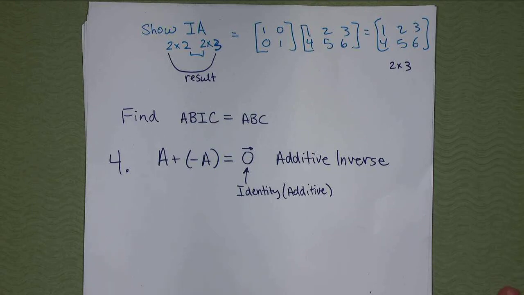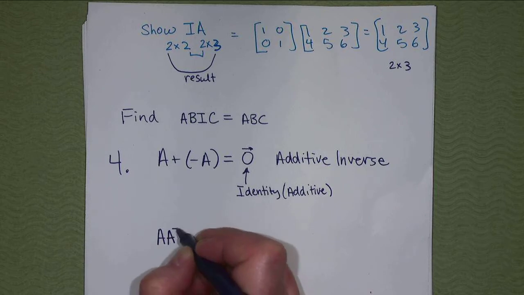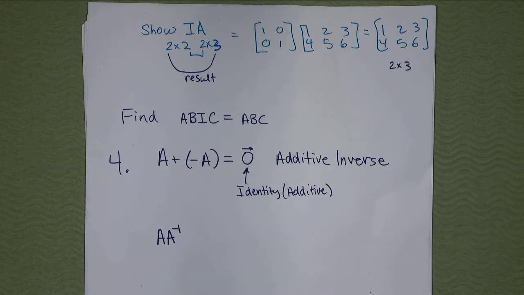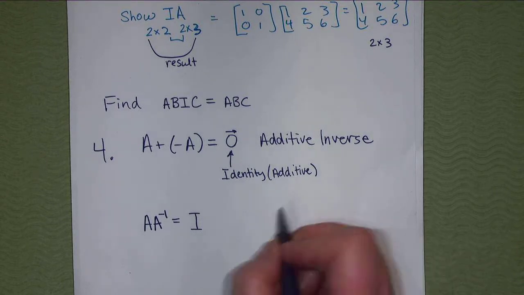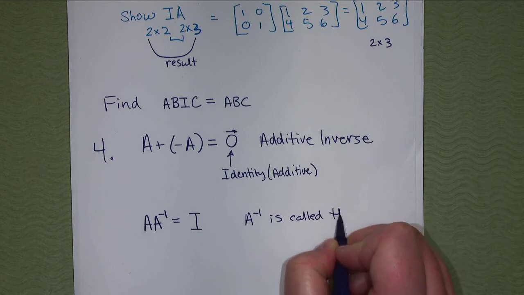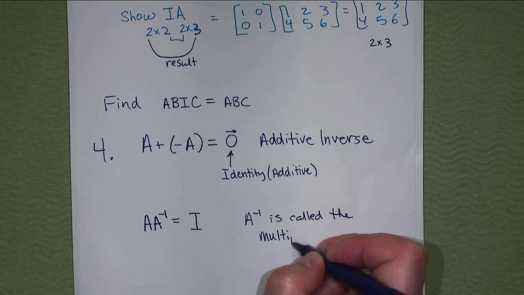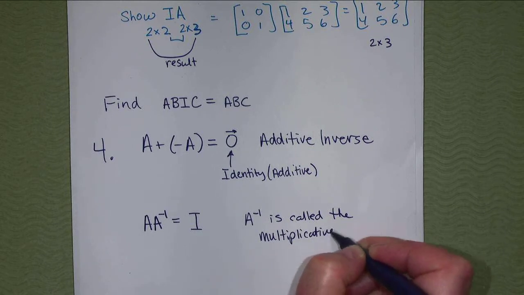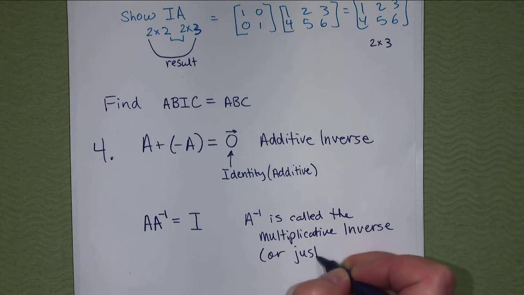Multiplication gives us, so the symbol is a little minus 1 as I's already used. So for the inverse, the symbol is actually a minus 1 on the A. And this gives us I. So A inverse, or A minus 1, is called the multiplicative inverse, or just inverse.